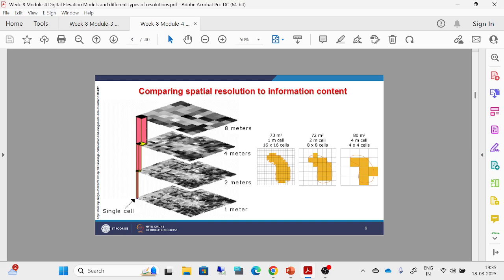Here it's at 8 meters, so the amount of information is less. And here you can see the cell size has also decreased. The first 8-meter one is just giving you very coarse information about this entire region, and then as you come to 1 meter, it's giving you point information.